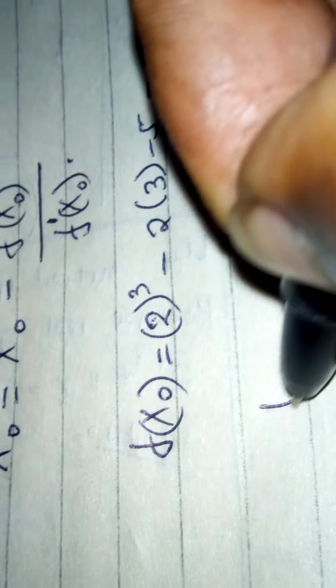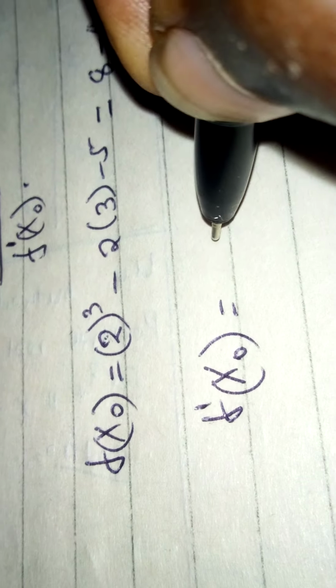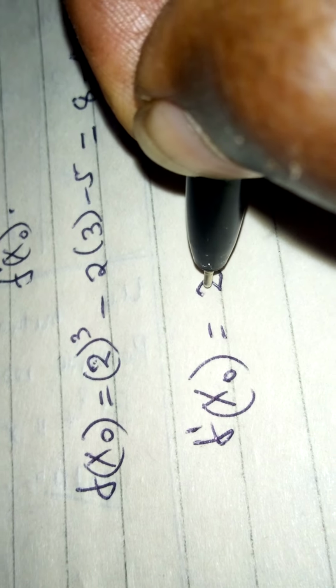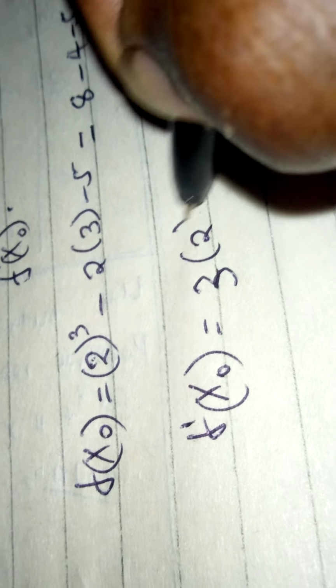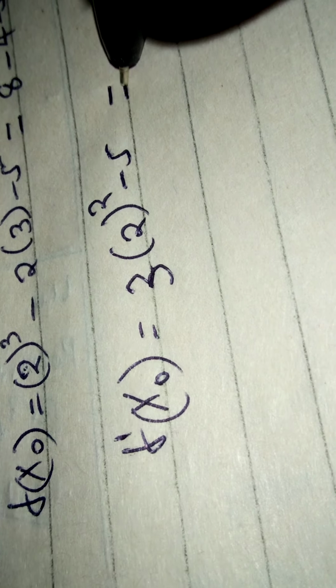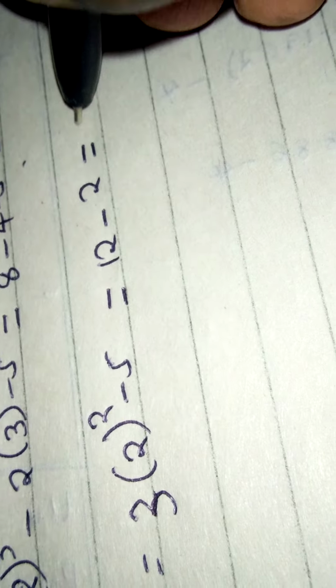Then we have f prime of x naught. Replacing 2, we have 3 into 2 squared minus 2, which will give us 12 minus 2, which is equals to 10.